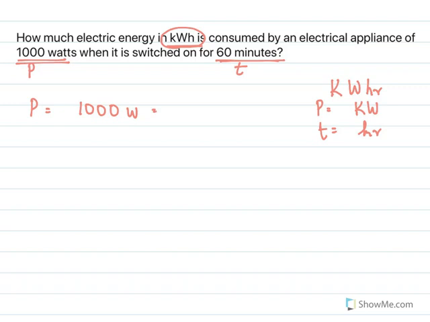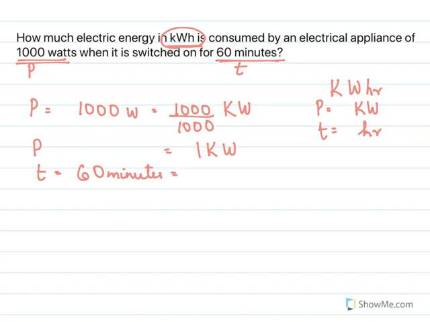Now our power is 1000 watts, so we have to make kilowatts. So 1000 over 1000 kilowatt, that will be 1 kilowatt. So power will be 1 kilowatt and time is 60 minutes. But the 60 minutes has to be made into hours, so 60 over 60, that is 1 hour.